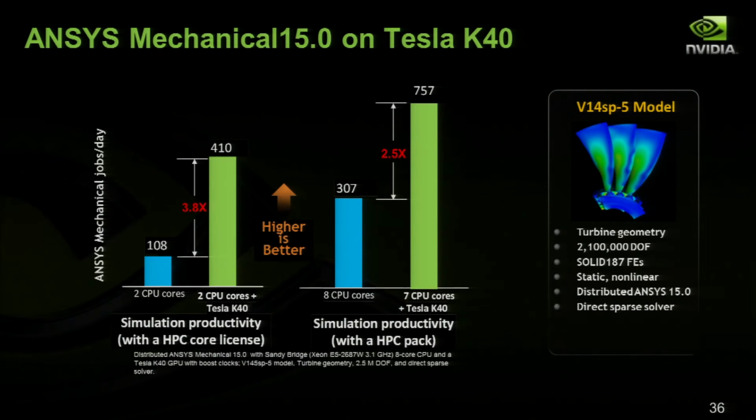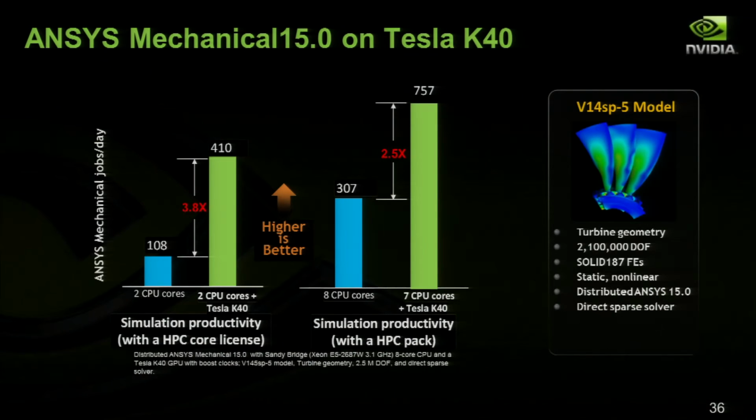As I mentioned, it's a direct sparse solver. When you do the simulation on just two CPU cores, you could complete 108 jobs in a day. But when you added just one Tesla K40, you could do 410 jobs per day. That is almost a 3.8x improvement in productivity.